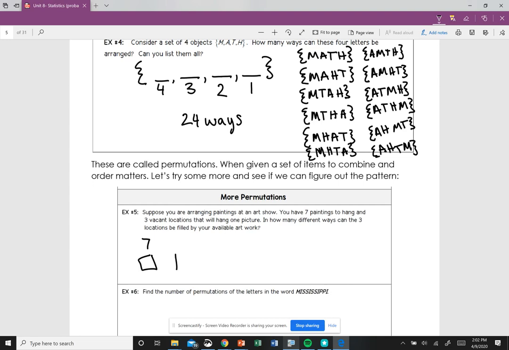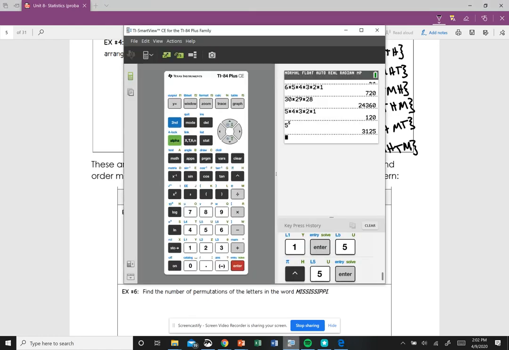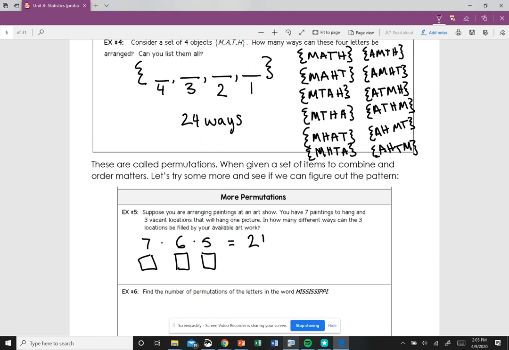So how many paintings can go in the second vacant spot? 6. What about the next one? You're right. There's only 5. So we do 7 times 6 times 5. And I would plug that into a handy dandy calculator. And I get 210.